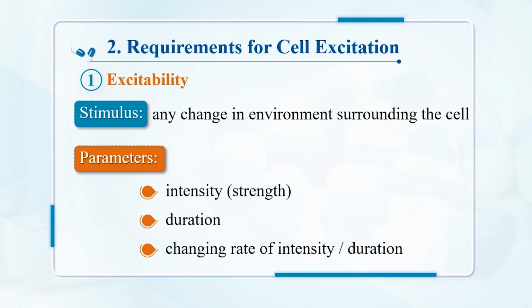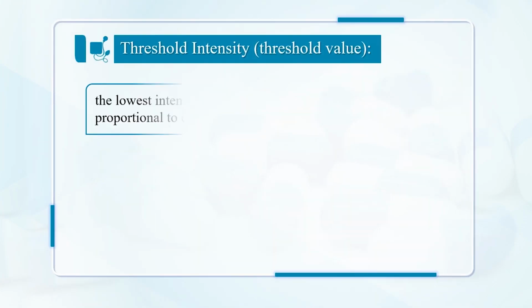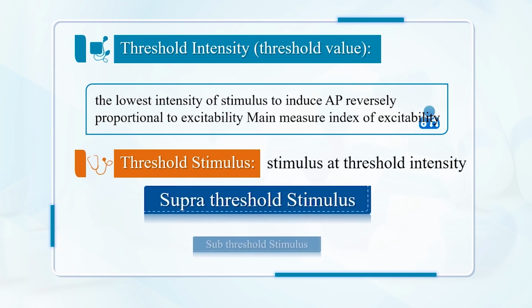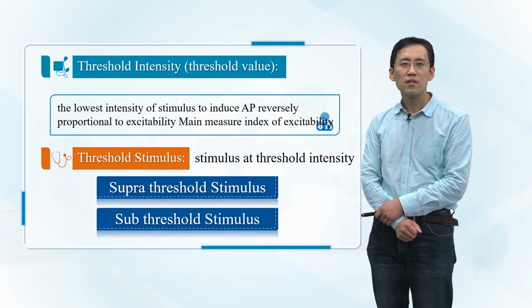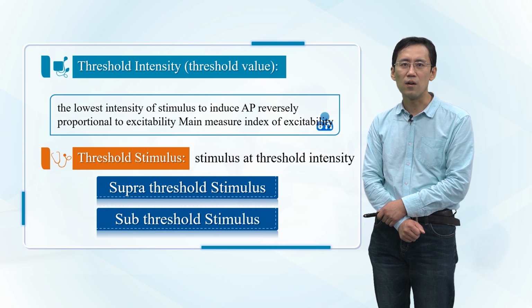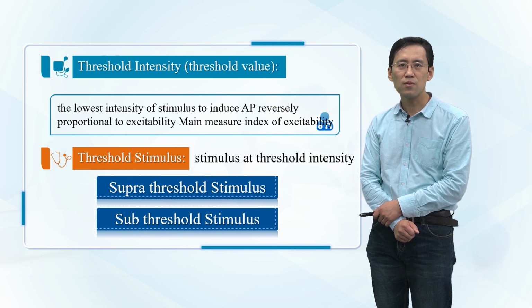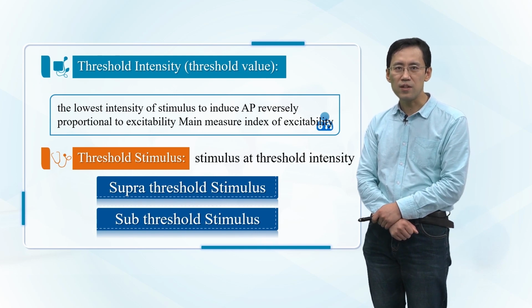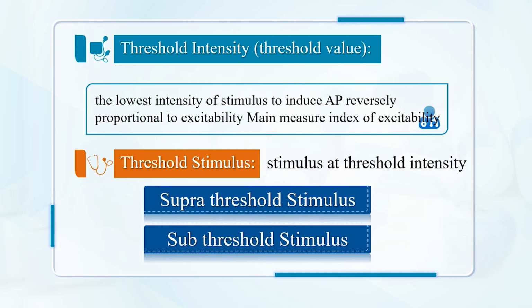Another definition is threshold intensity, also called threshold value. It is the lowest intensity of stimulus to induce an action potential, inversely proportional to excitability, and is a measure index of excitability.